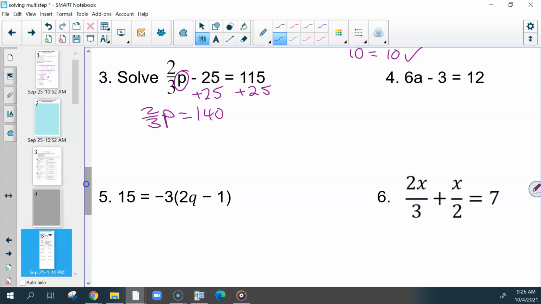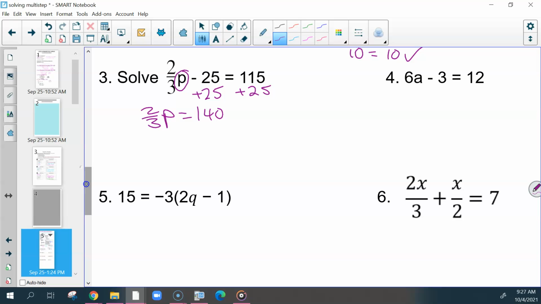So, is that going to be our final answer? For the final answer, that's fine. Either or, unless it's like a repeating decimal. Now we have 2/3 p equals 140.